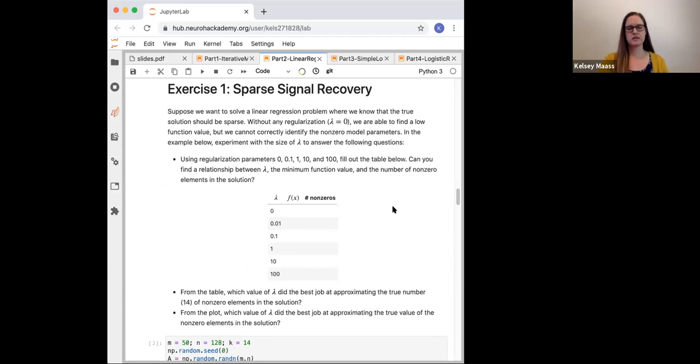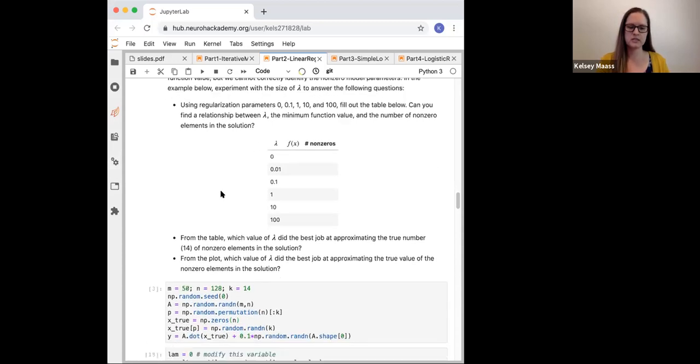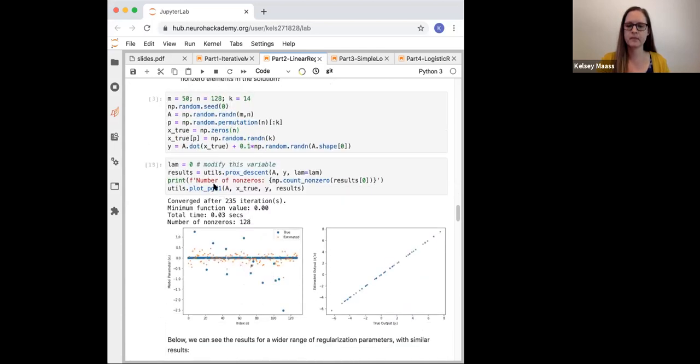So our first example is a basic least squares problem with one norm regularization where we suspect that our solution vector X is sparse. So it has few non-zero values. We are going to experiment with the value of lambda, the regularization parameter, to see how it affects our solution.